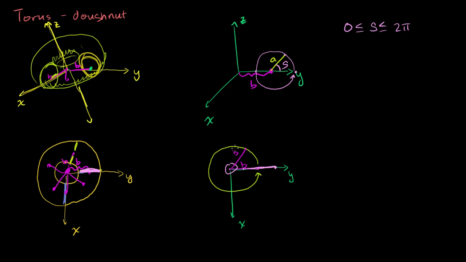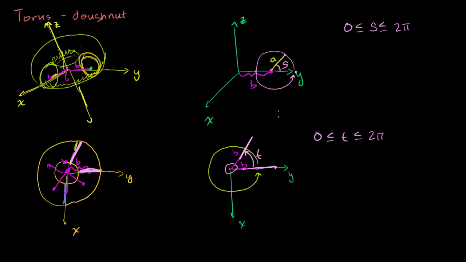And our circle is going to be looking like this. This is maybe this point on our donut right there. At that point, we would have rotated it, let's say, t radians. So this parameter of how much we have gone around the z-axis, we're going to call that t. And t is also going to vary between 0 and 2 pi.